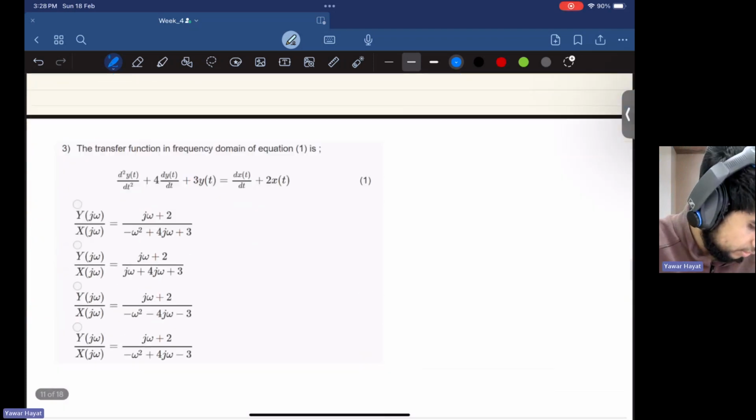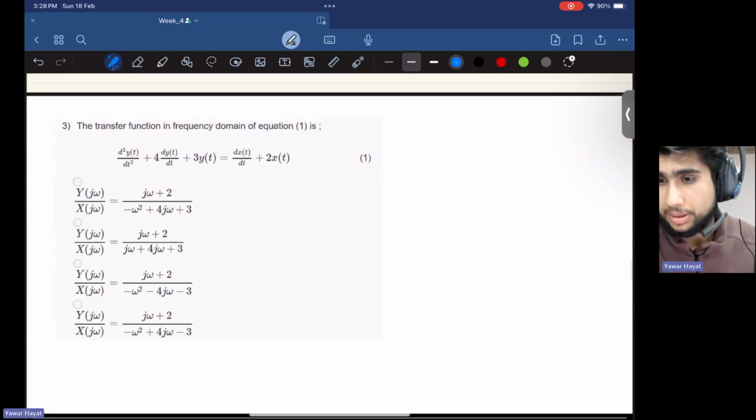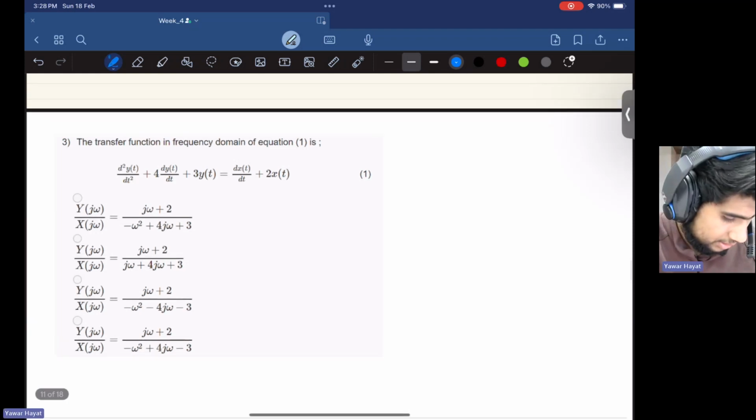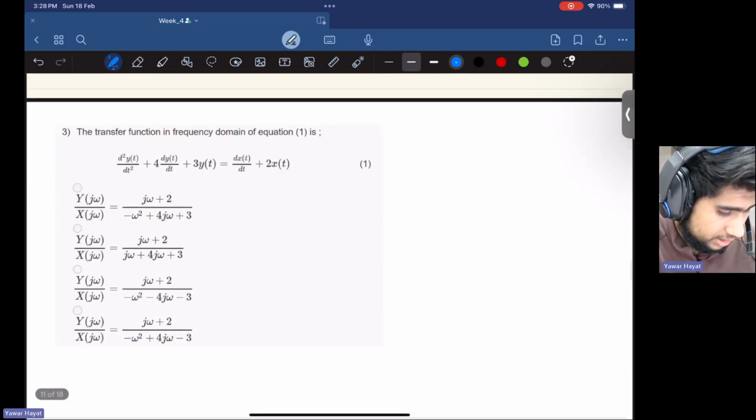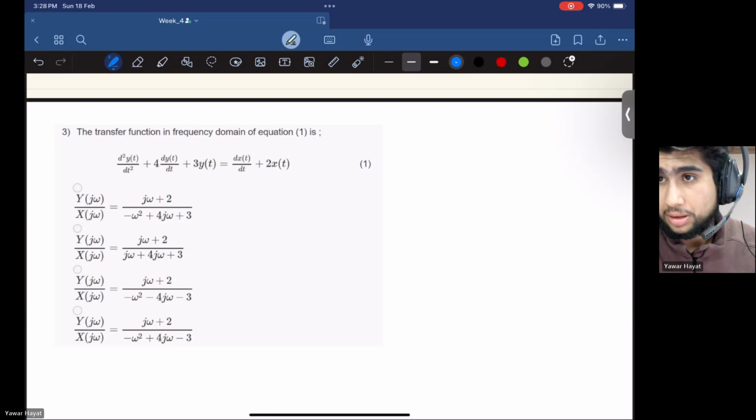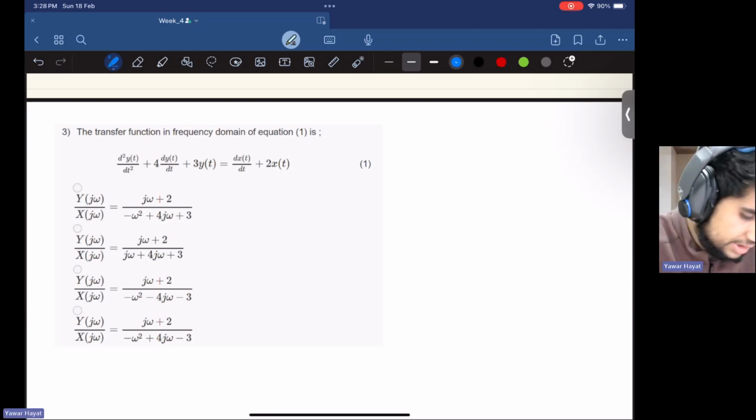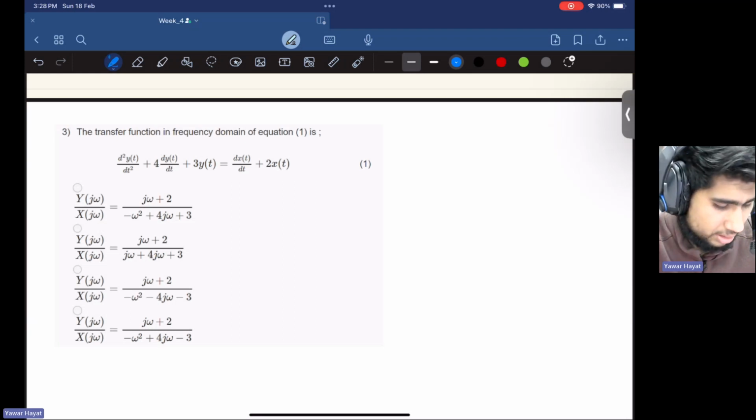Okay, now the third question. I hope it was clear. If not, you can ask questions. Now the third question is the transfer function in frequency domain of the equation 1. You have been given a differential equation and you need to compute the transfer function, right?